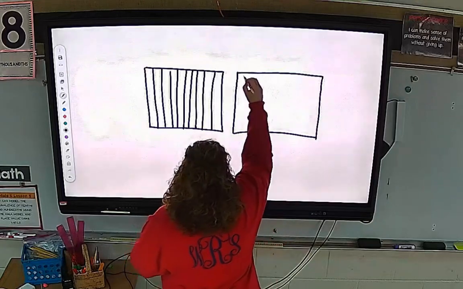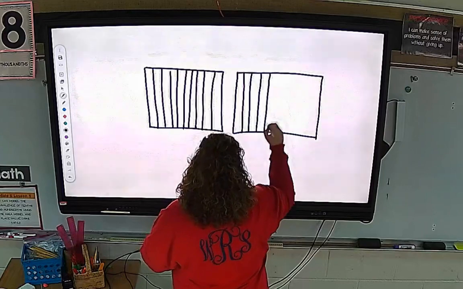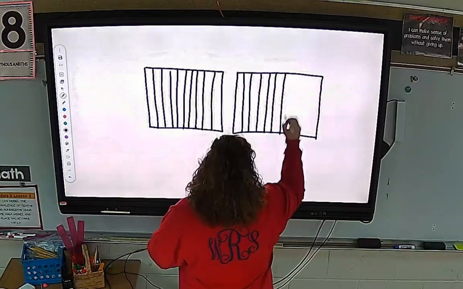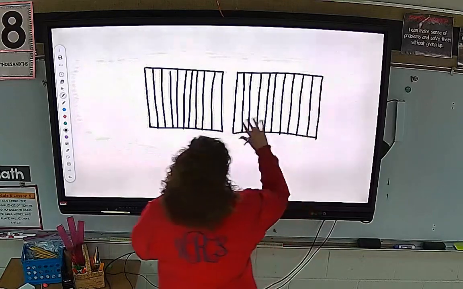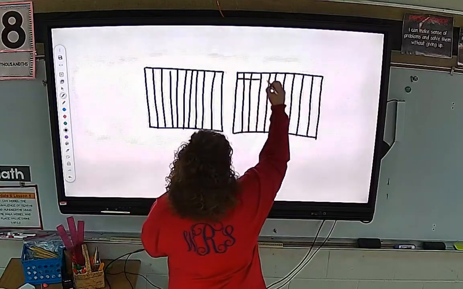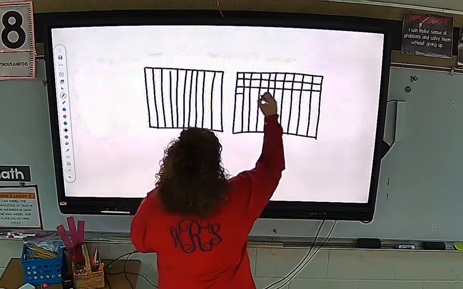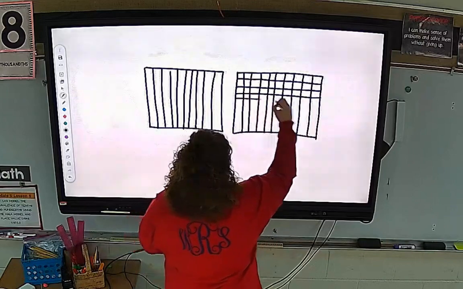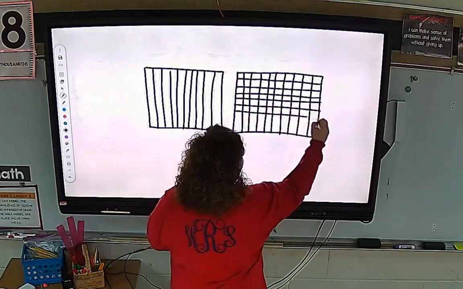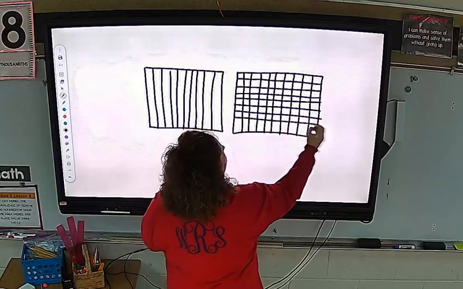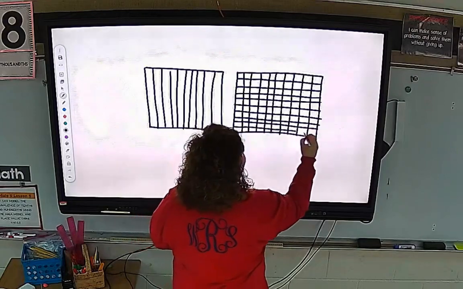I know they're not going to be perfect when they're drawn. 2, 3, 4, 6, 7, 8, 9. That gives us 10 pieces, but if I go like this with 9 lines to create 10 pieces this way, 2, 3, 9. About running out of space, didn't I?